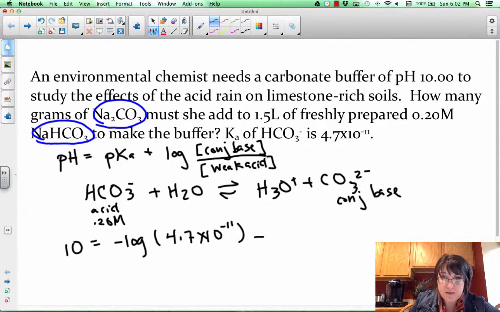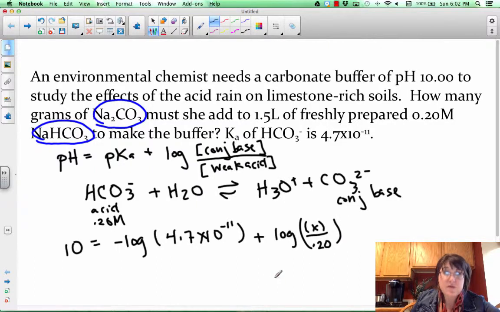There's our pKa, plus the log of our conjugate base, which is the thing we're trying to solve for, right? So we're going to call that x over our weak acid. Our concentration of weak acid is 0.20 molar.